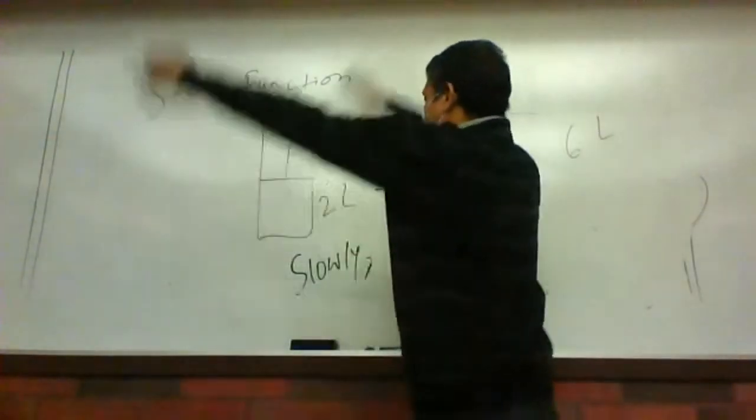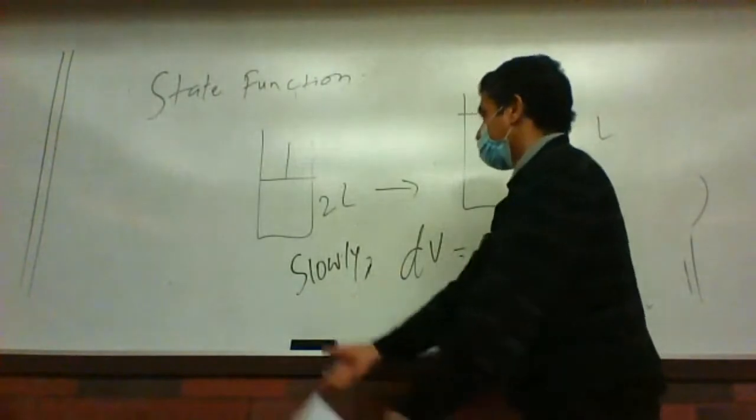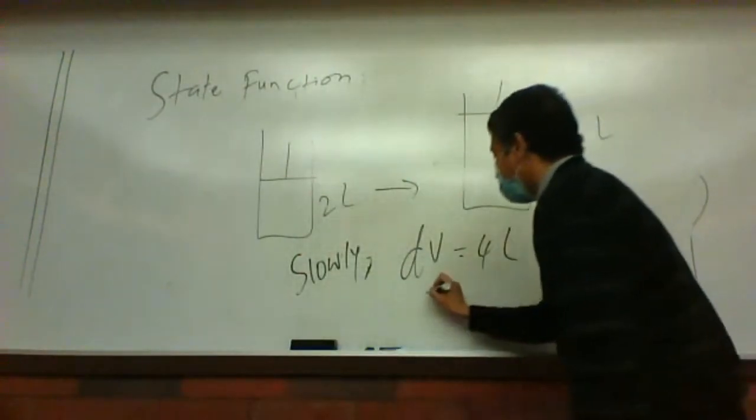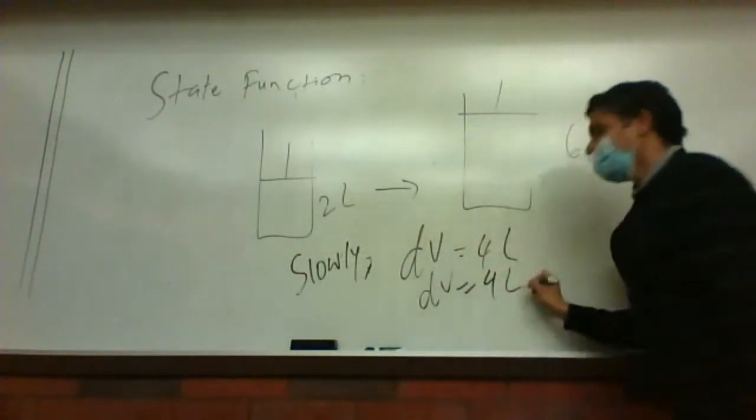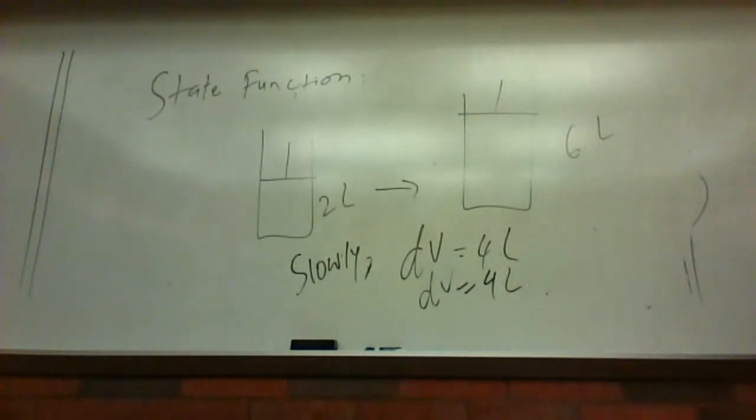Now you could just do it fast, within 1 second, from 2 liters to 6 liters, and still the volume change would be 4 liters. So no matter how you do this process, the volume change is always the same, right? Take a syringe, if you work in a hospital: whether you push it very fast to give the injection to the patient, or you slowly push the medicine, it is the same thing.